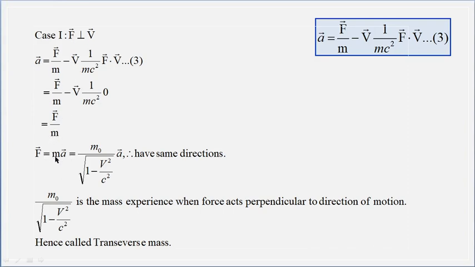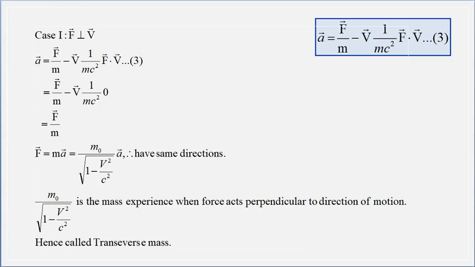From here F equal to ma, and we know that m equal to m naught divided by root of 1 minus v square by c square, into a. Now F and a have the same direction. Now this mass, m naught by root of 1 minus v square by c square, is due to the force acting perpendicular to the direction of motion, and the corresponding mass is called the transverse mass.